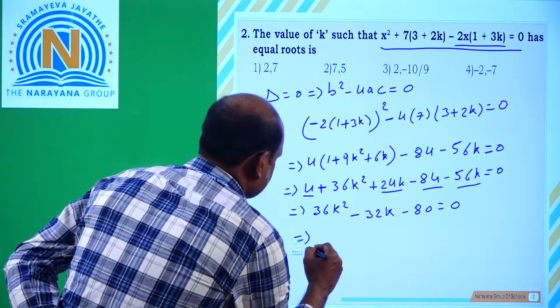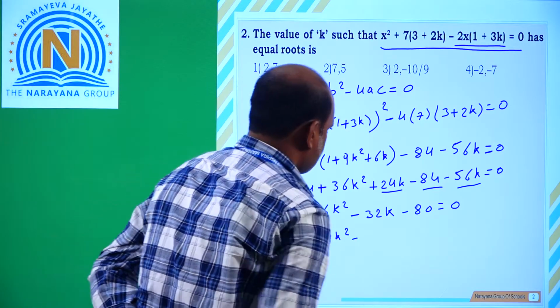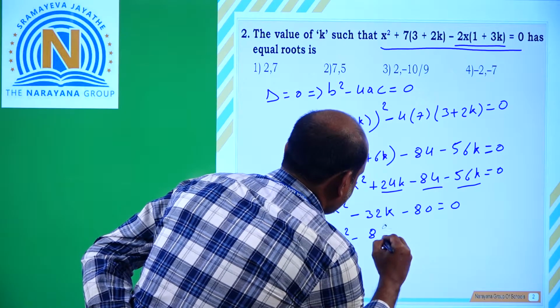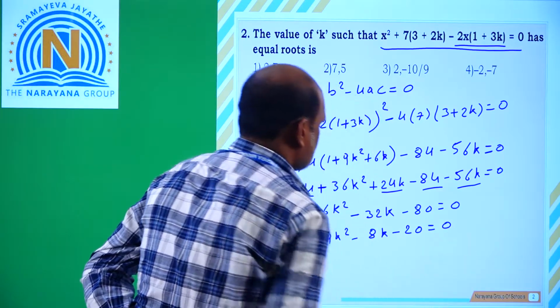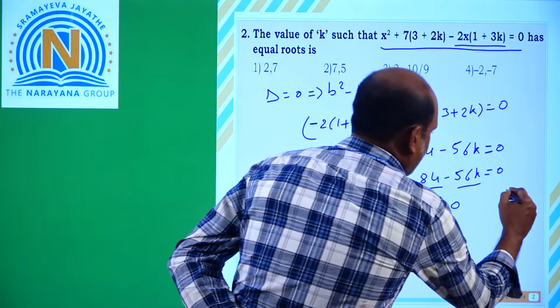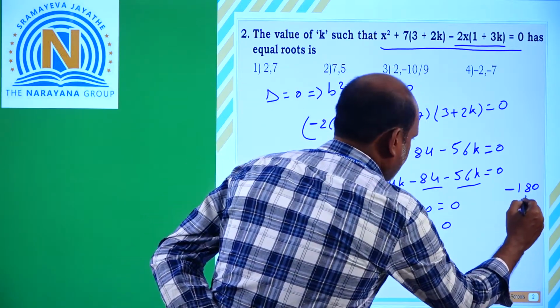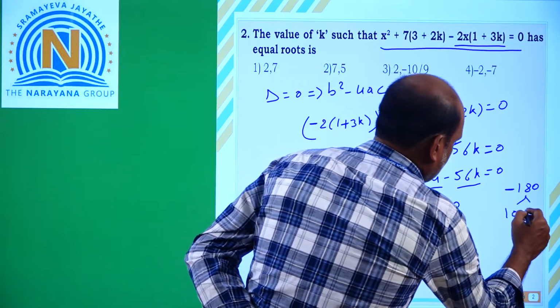Take 4 common, that is 9k square minus 8k minus 20 is equal to 0. So this is minus 180, 180 factors 10 into 18, right.